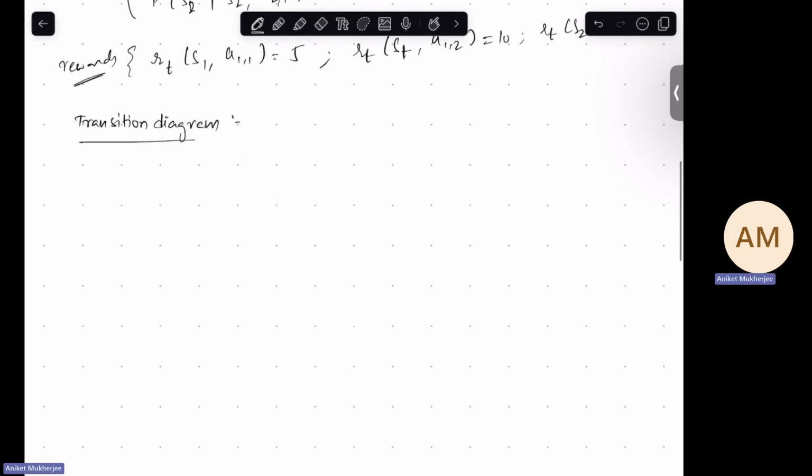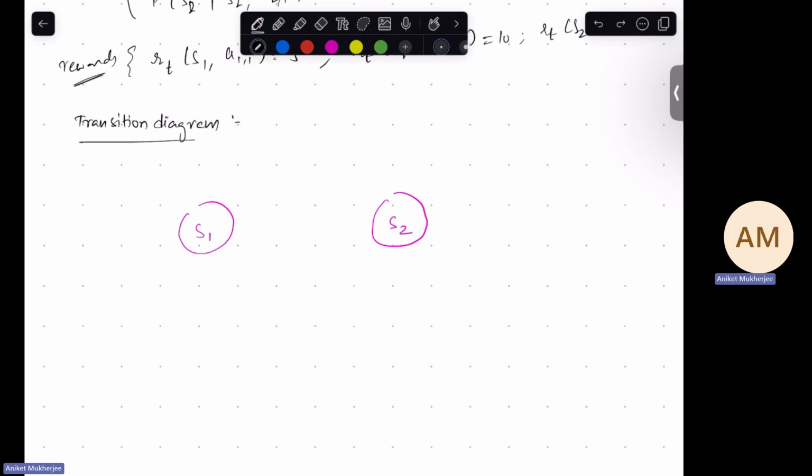it will look something like this. You have two states. State 1 is S1. State 2 is S2. I'll be drawing with three different colors. Your black line is your action A11. Your blue line is your action A12.